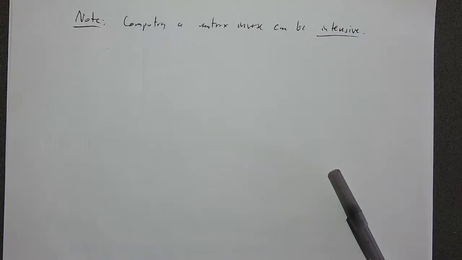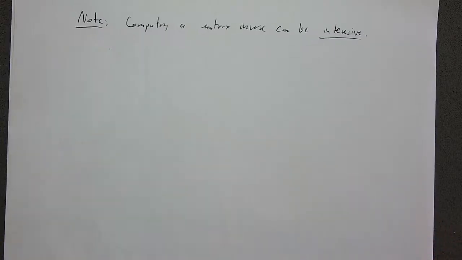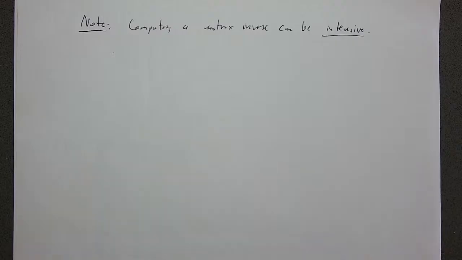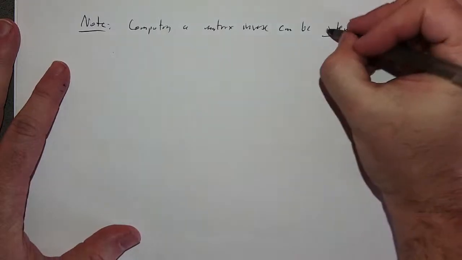Computationally, that would be awful for a 200 by 200 matrix. And a 200 by 200 matrix is not even that big for some things. For some model matrices, 200 by 200 is maybe not even as big as it gets. So that's what I mean by intensive here.